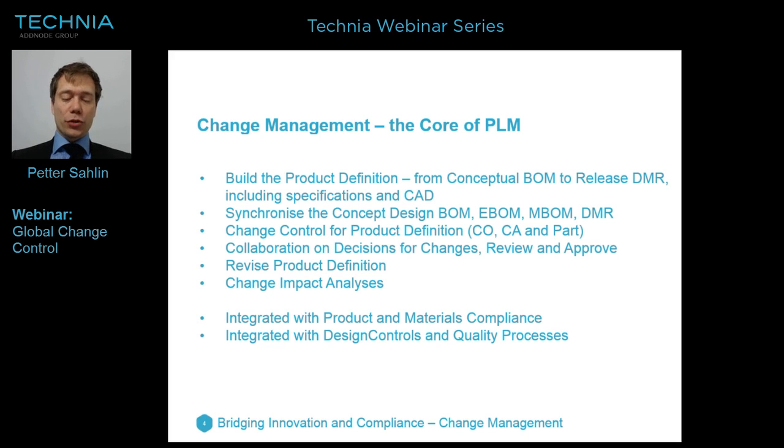Also, I want to have immediate access to design controls. What was the intended use? What's the history of this design? Who was involved? Who made what decision and why? And I want to have that with me. And as pointed out, I want to have the history and legacy of the quality processes, so I know this specific supplier, what's their quality record for this particular part.